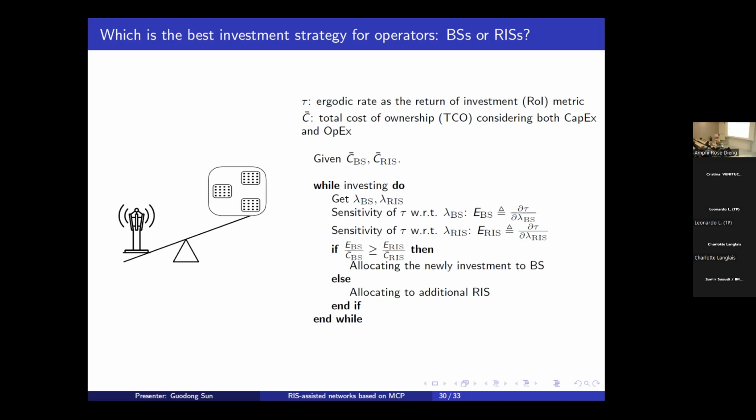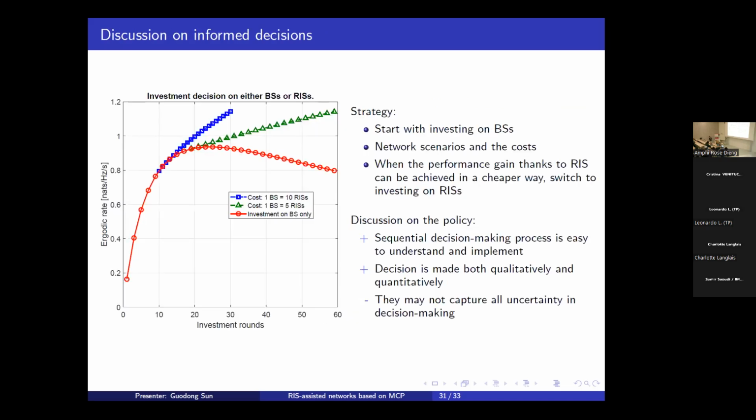It says if you change base stations or RIS a bit, how much gain you can get for the ergodic rate. Then we make a decision based on the gain and cost. When the gain-cost ratio of base stations exceeds the gain-cost ratio for RIS, we deploy base stations. Otherwise, we deploy RISs. So that's a strategy.